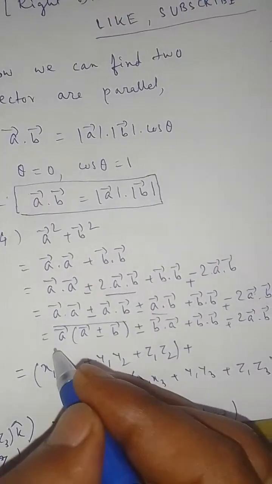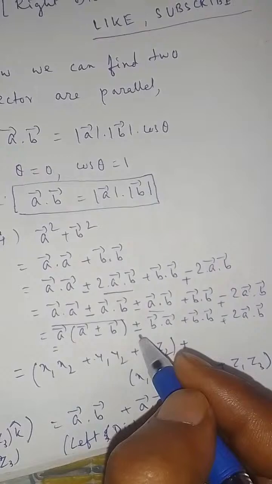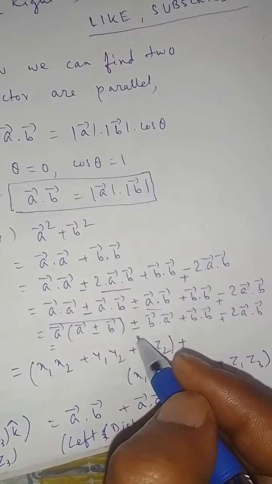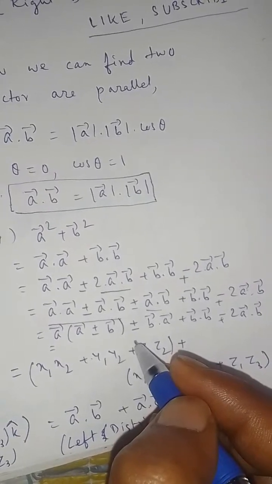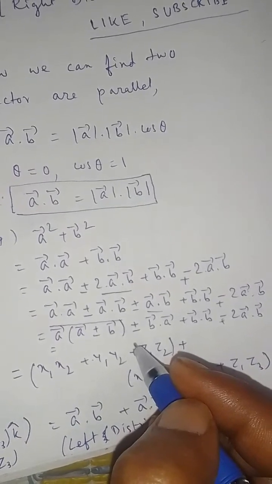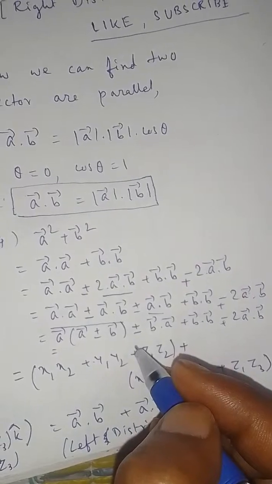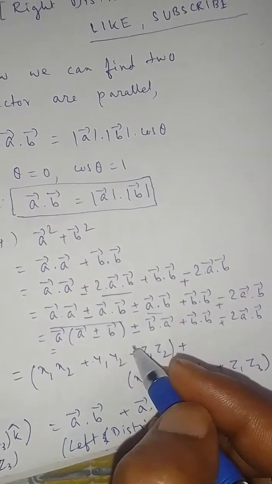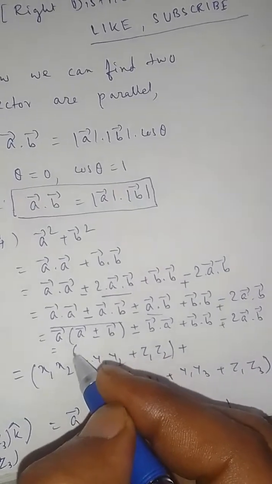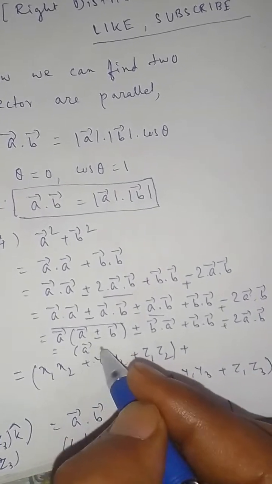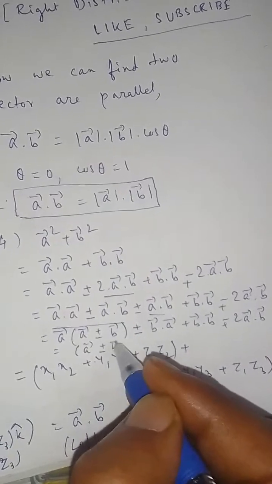So what we will get, we take common here b vector, it will be a vector plus minus b vector.